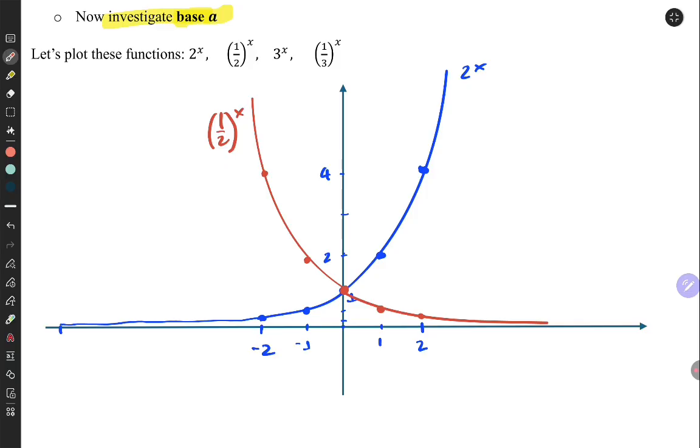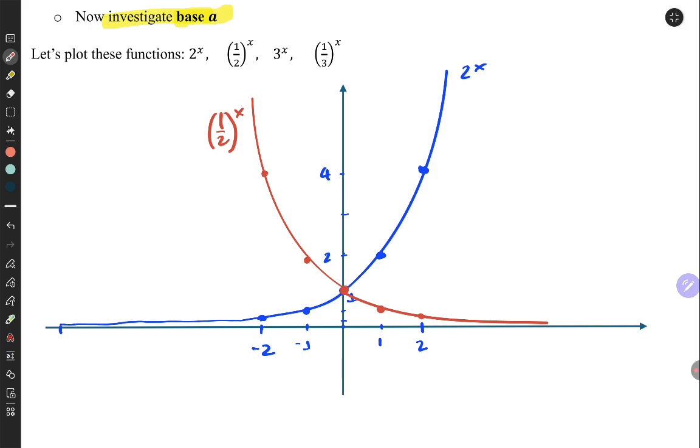If you want to make a connection between them, how do you say that? How do you put that in a sentence? Like 1/2 raised to the x and 2 raised to the x are like transformations over the x-axis of one another, or the y-axis of one another. Transformation over y.